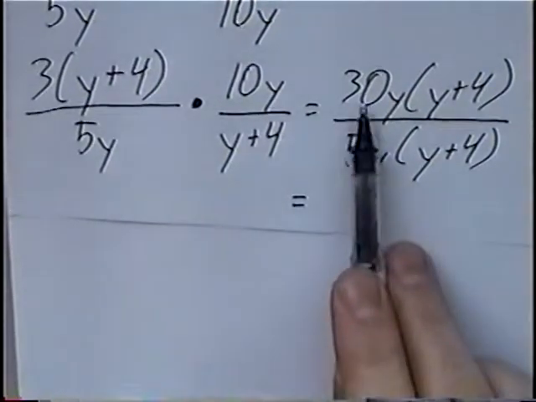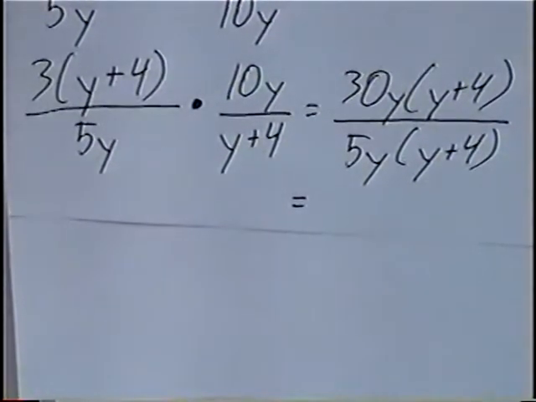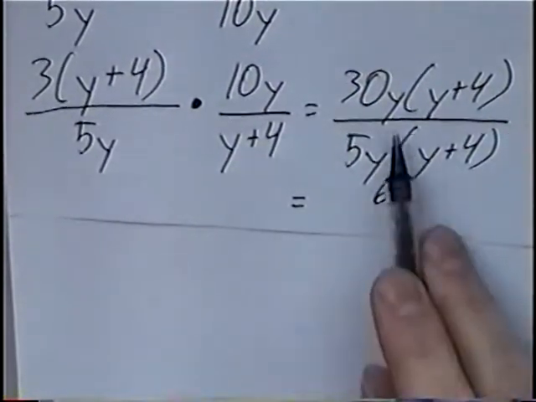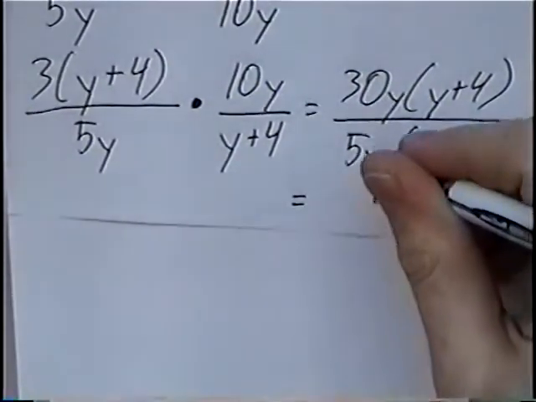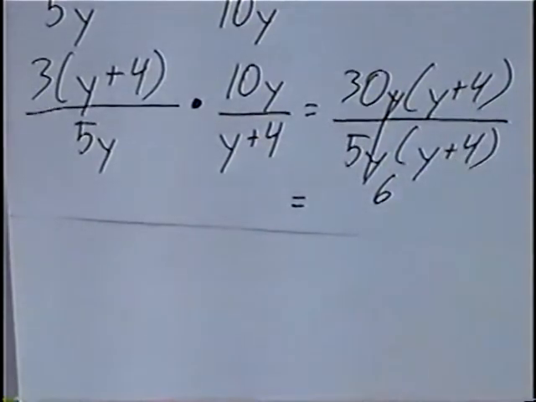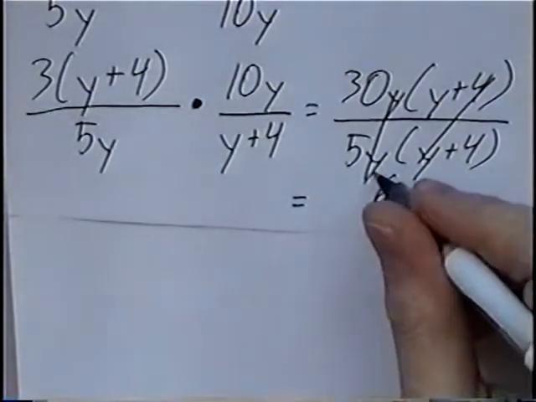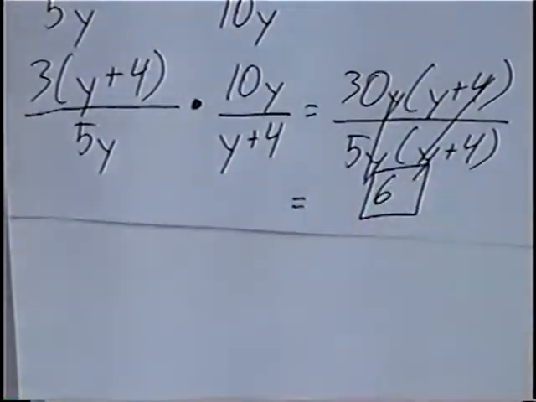The numbers we can divide, 30 divided by 5 would be 6. The y's will cancel out. The y plus 4's, also the same factor, will cancel out. So the only number we have left, 30 divided by 5, will be our answer of 6.